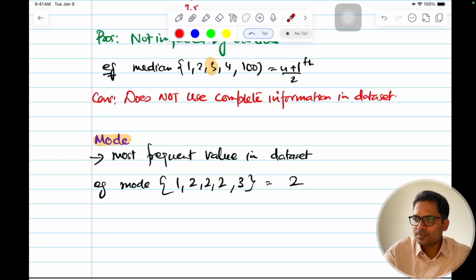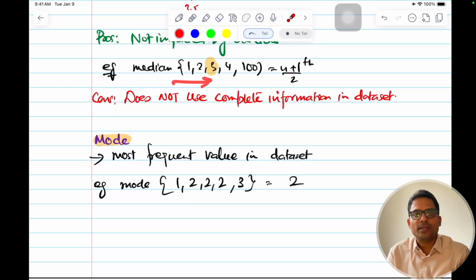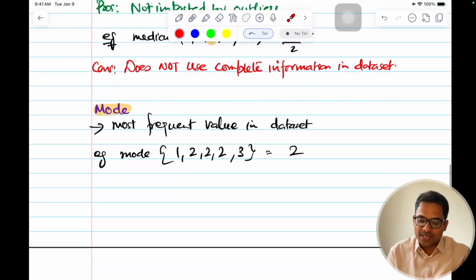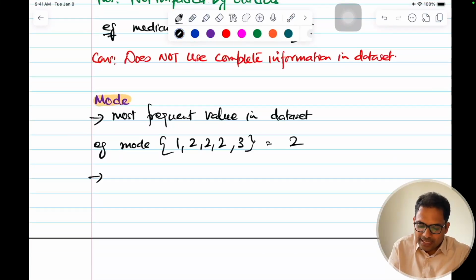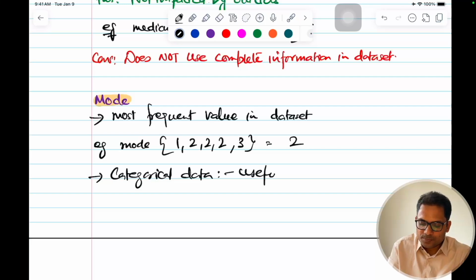This is simple. And why are we studying this? Because when we are dealing with data, they may not be numbers only. Sometimes we are dealing with categories. So whenever we are dealing with categorical data, it is useful here.